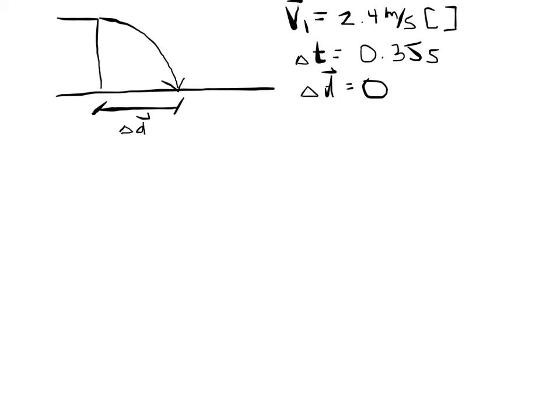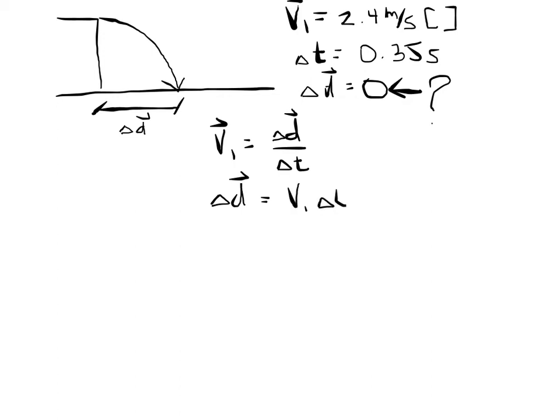And so here's the equation that you know from last week, delta v equals delta d over delta t. Rearranging, we have delta d equals v1 delta t.